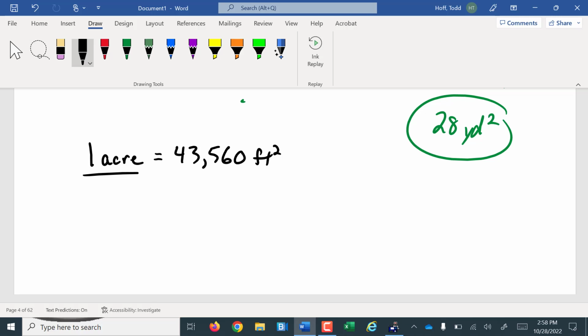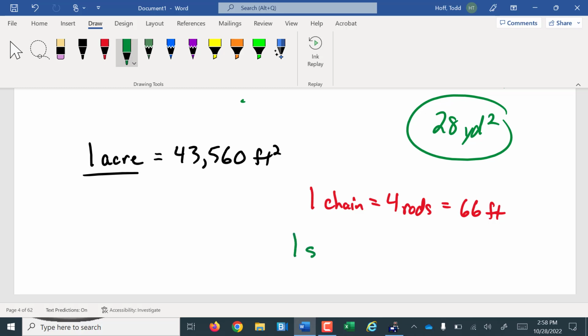Now, where this comes from is we talked a little bit about rods when we're talking about land surveying and stuff like that. A chain is 4 rods. A rod was 16 and a half feet, so 4 times 16 and a half feet makes it 66 feet.